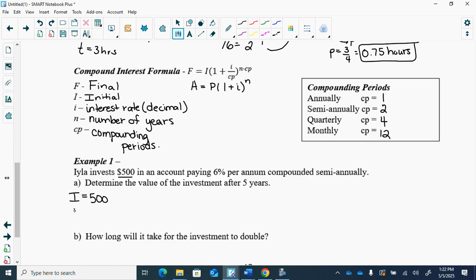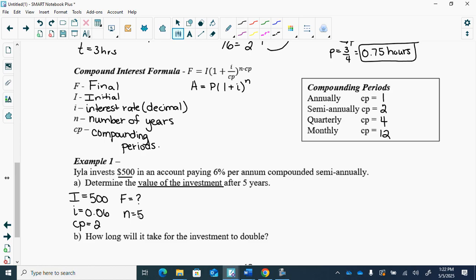So that's your little i, 0.06. And it's compounded semi-annually. So how many times a year is that? So determine the value of the investment. So they want F after 5 years. N is 5.